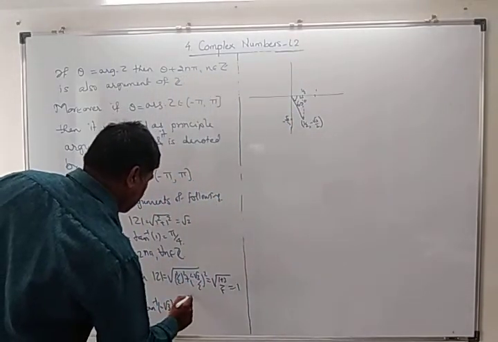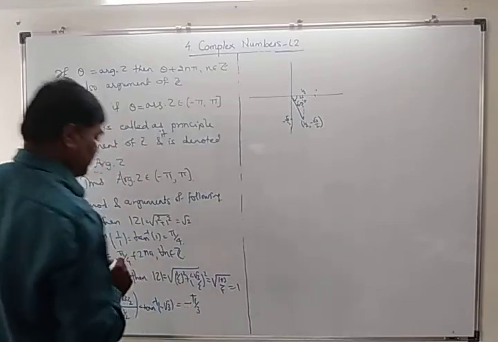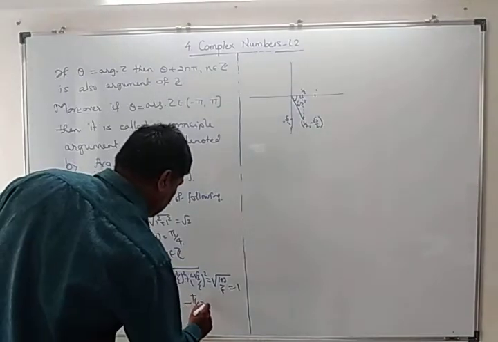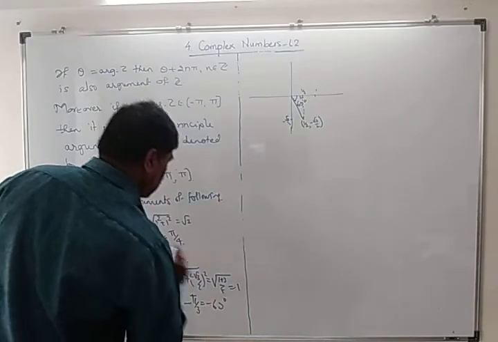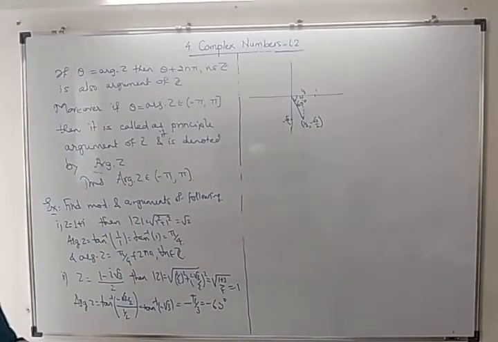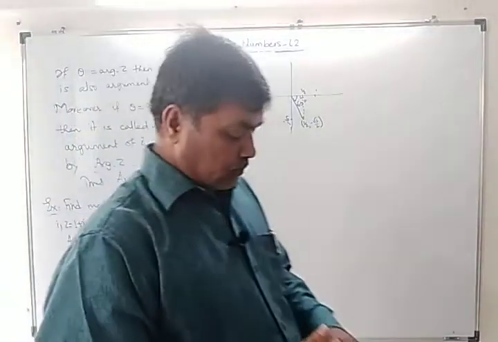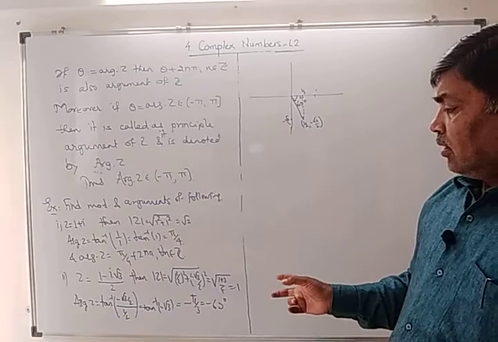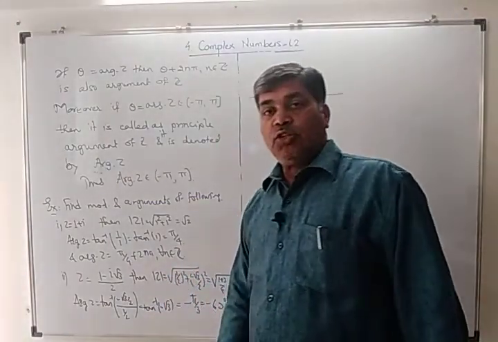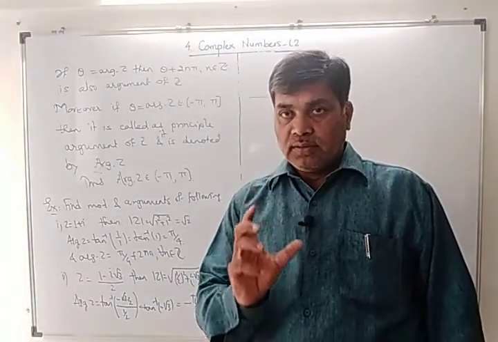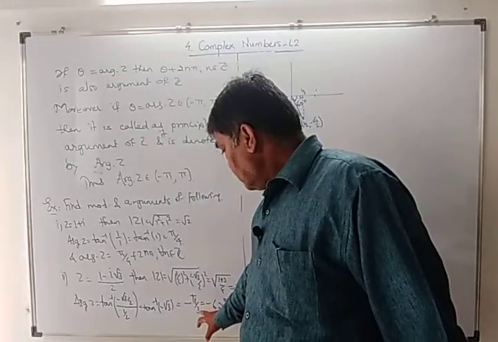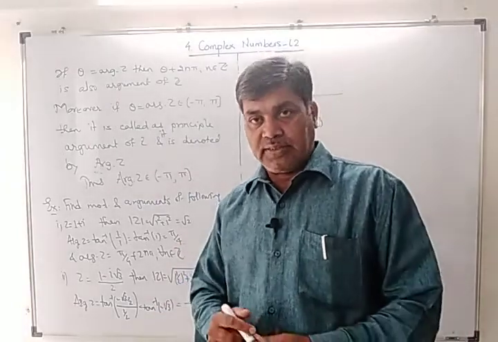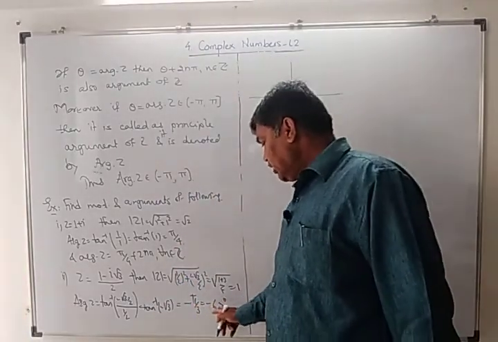Oh, sorry, minus pi by 3, or minus 60 degree, right? So while computing the argument of z, you have to always take its position, in which quadrant that complex number lies. So it is minus pi by 3.